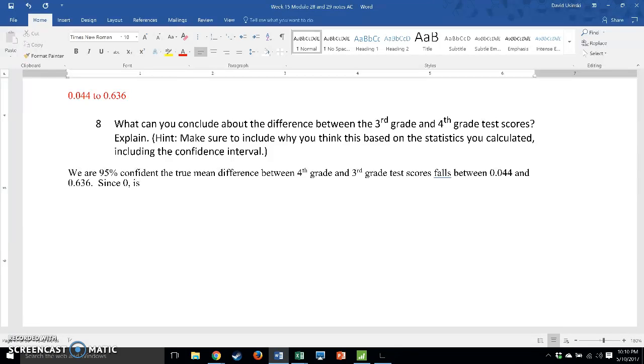Since 0 is not included in the 95% interval, we can say that there appears to be a mean growth or mean increase in test scores.